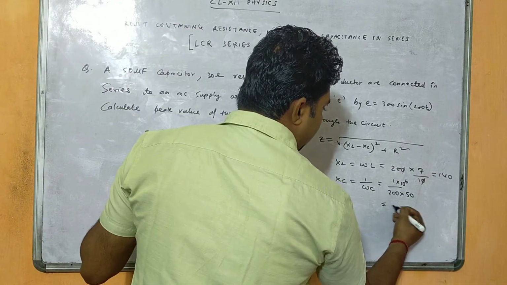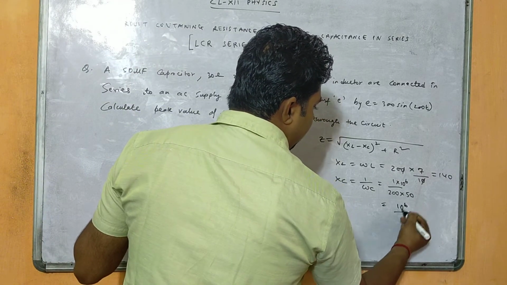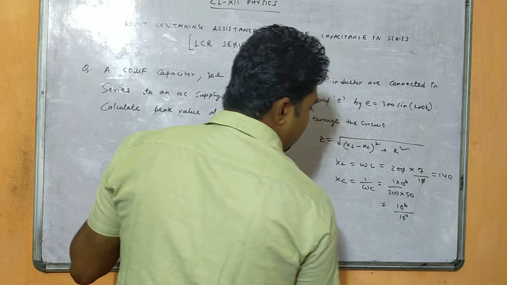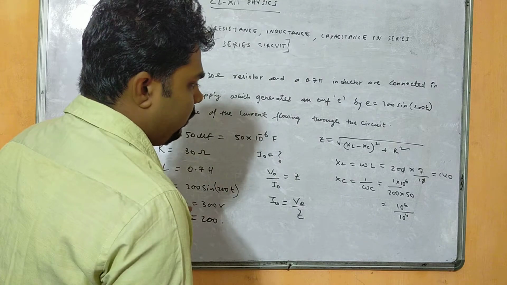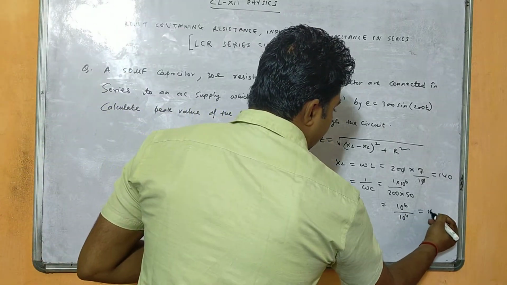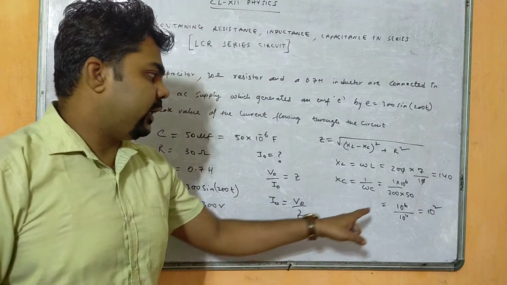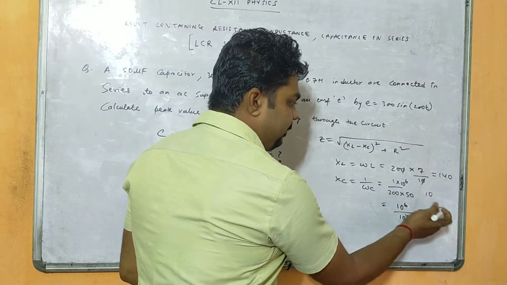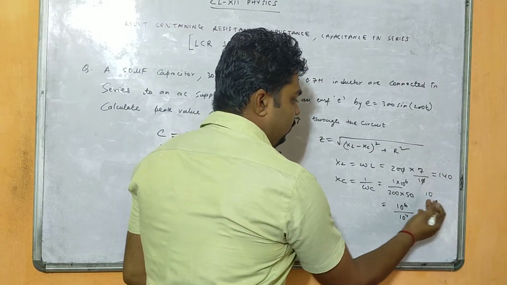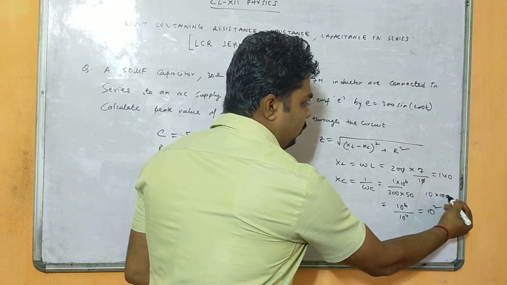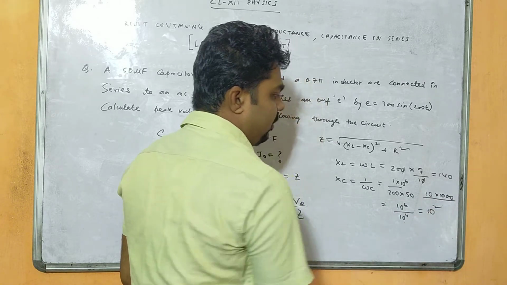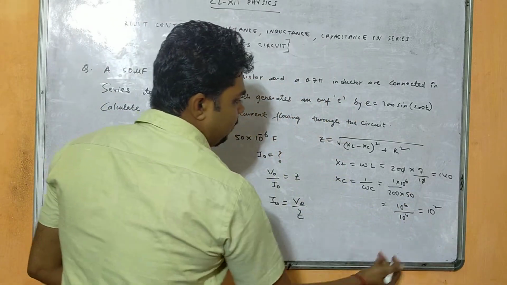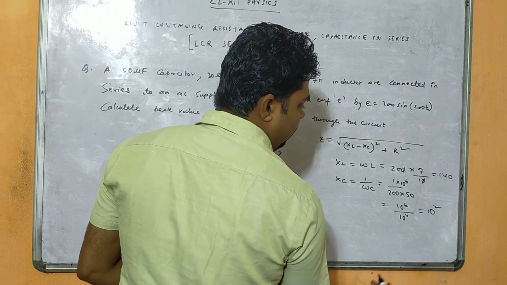Two 5s are 10, so 10 is there, and except that 10, 3 zeros are there. So this can be written as 10 to the power 4 in the denominator, right? Now 10 to the power 6 by 10 to the power 4, if you cancel, 6 minus 4 is 2.